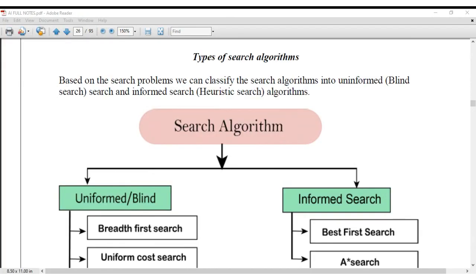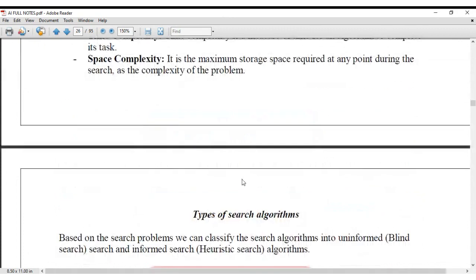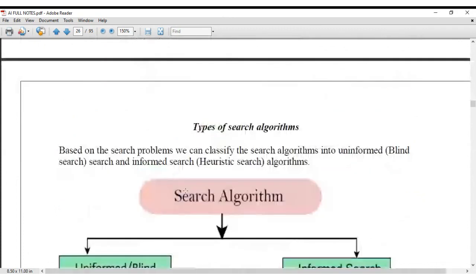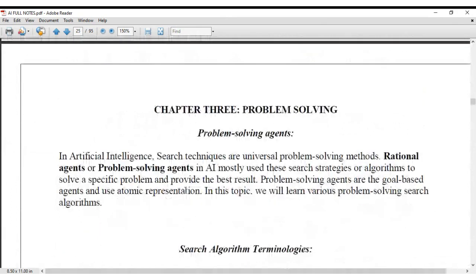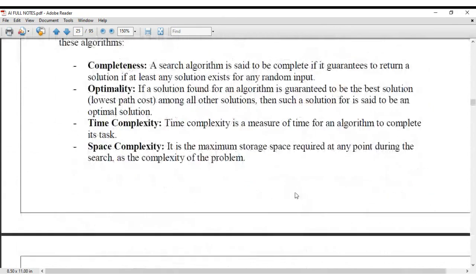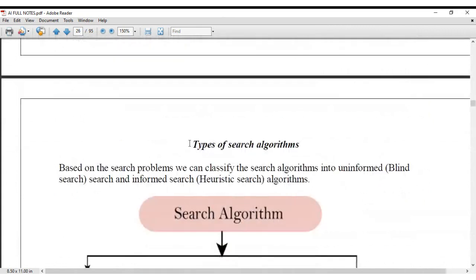So let's look at types of search algorithms. For an agent to be able to solve a problem, it has to use one of the different types of search algorithm to search and traverse through the different solution nodes, the possible solutions, and it uses different kinds of algorithms.